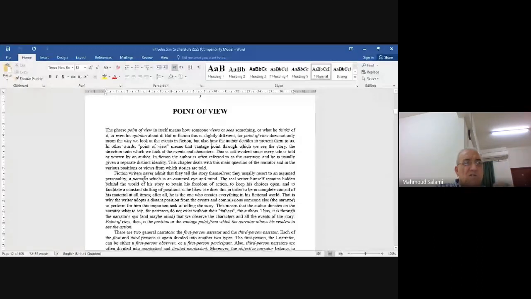The narrator is always hidden, always wanting to share what the author is really concerned about. And I think this is the idea we have in this section.